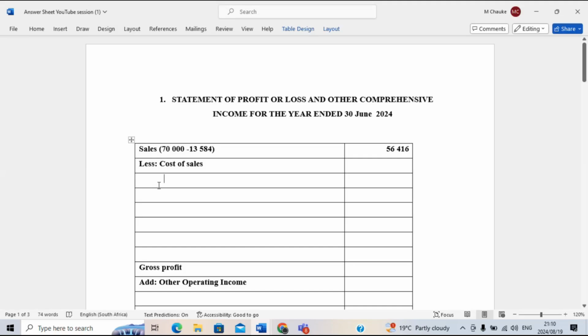So let's go to the calculation of the cost of sales. Number one, we have to say opening inventory. And then we have to add purchases.